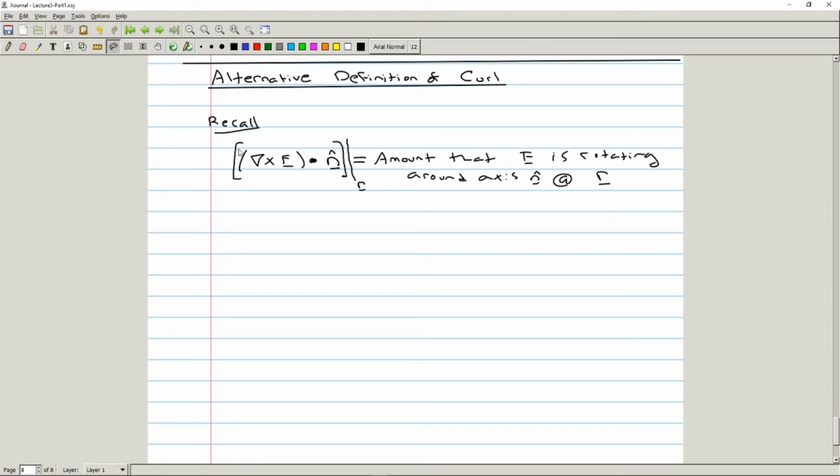And the way that we can do this in terms of the circulation is actually in terms of a limit. And it's a very intuitive idea, but it has very deep connotations and deep reasons for working. So we say that the curl, and I'll avoid using the vector language.